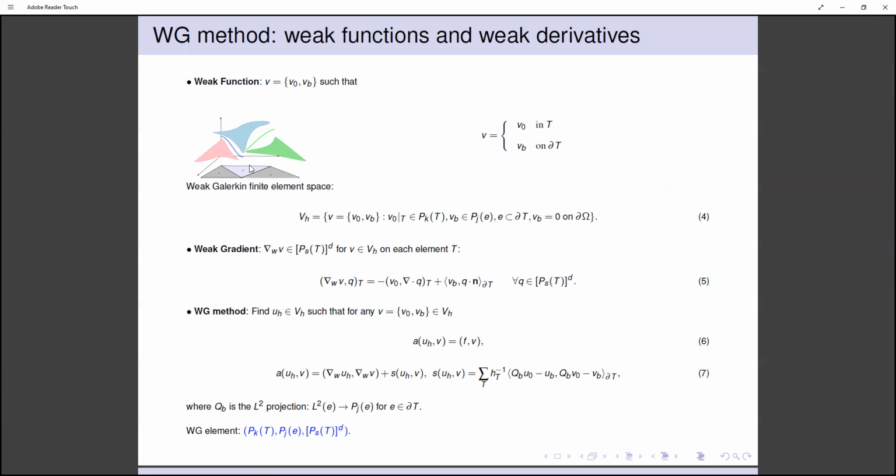After we define weak functions, we can define our WG finite element space, Vh, in equation 4.